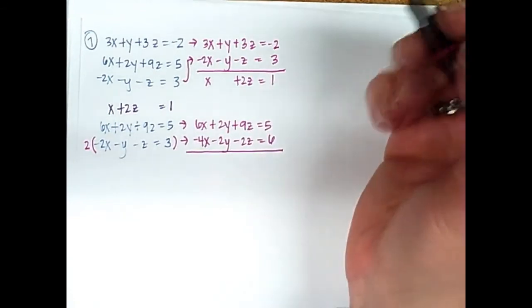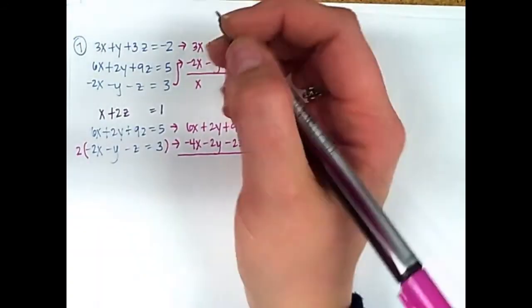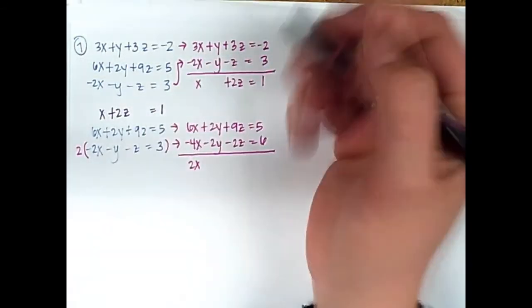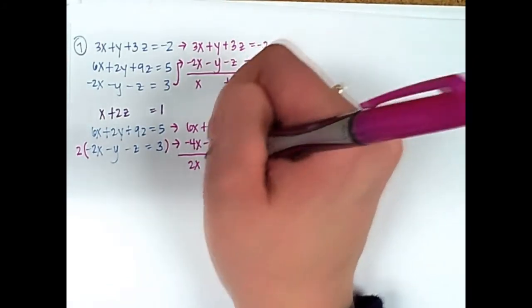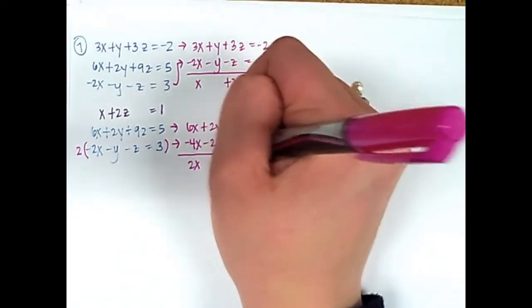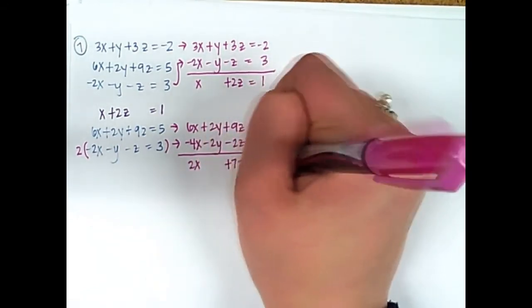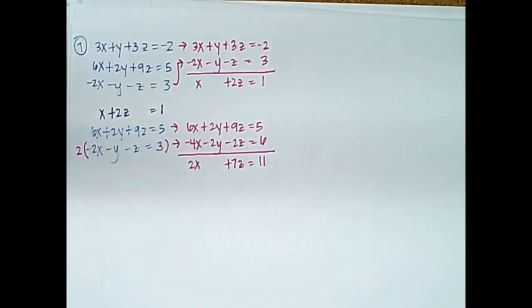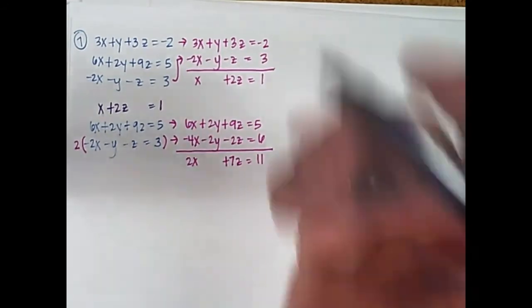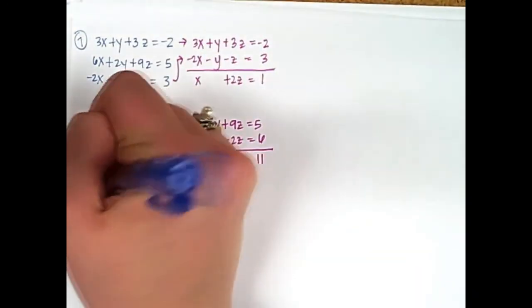And now I can add. So 6x minus 4x is 2x. 2y minus 2y, the y's get eliminated. 9z minus 2z is 7z. And 5 plus 6 is 11. So I am going to replace my second equation with my new equation. So my top and bottom are going to stay the same.